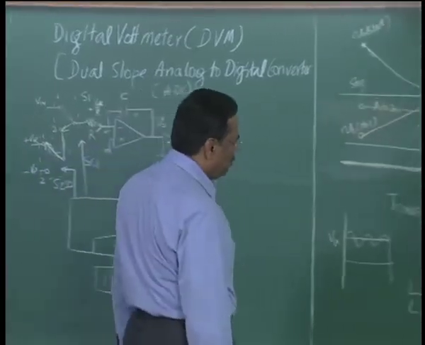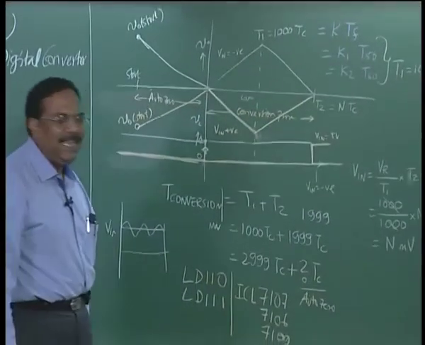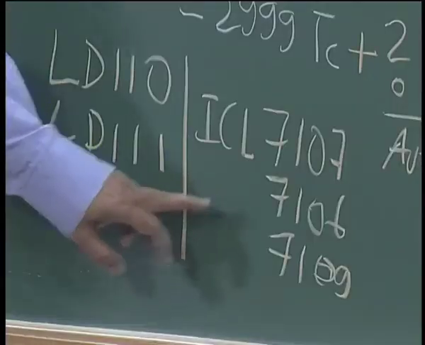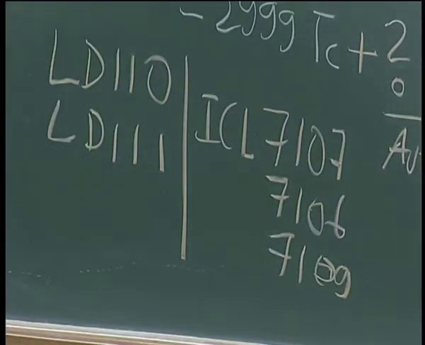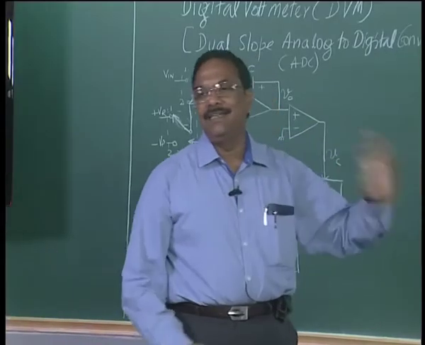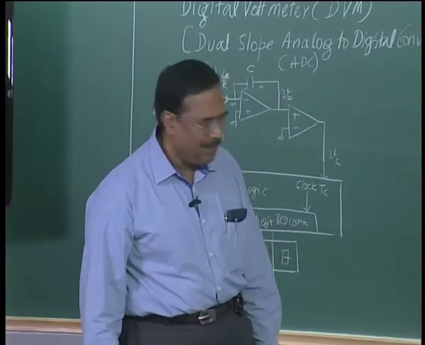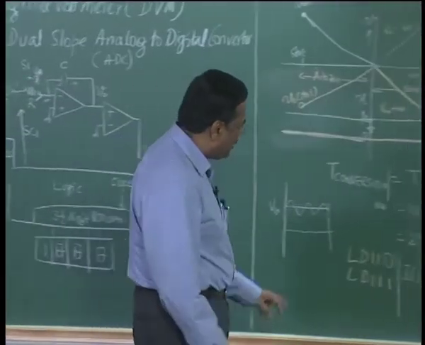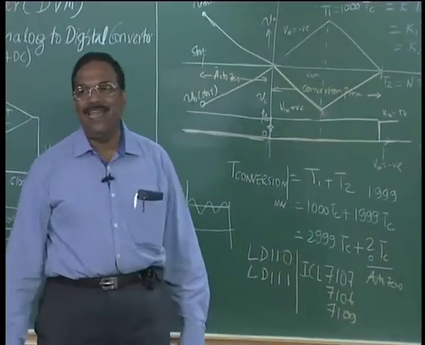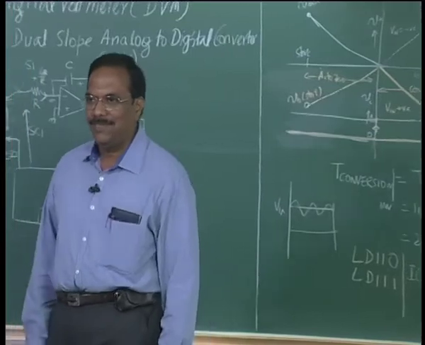So, 7107 is LED display, 7106 is again a 3.5 digit digital voltmeter. All these blocks are contained in that single integrated circuit, and that has an output which can drive an LCD display, liquid crystal display.